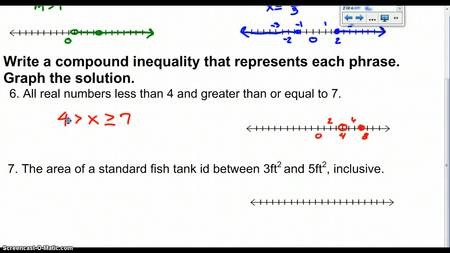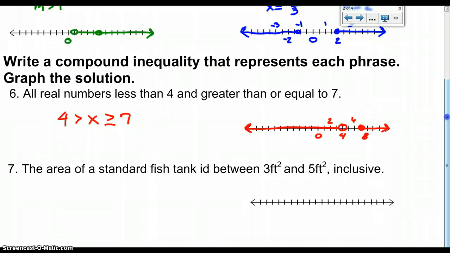Okay, x is less than 4, so it's all the numbers less than 4, so we shade to the left. Then it's all the numbers greater than or equal to 7, so we shade to the right. So we have two different equations.